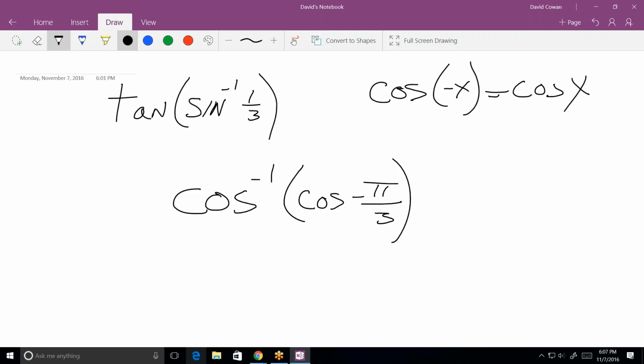So it's only cosine and its reciprocal that are even functions. And what that allows me to do is remove that negative sign, for starters. Now, when you have the inverse cosine of the cosine, there's your answer, pi over 3. In other words, 60 degrees. If they want it in radians, that's the answer, pi over 3.